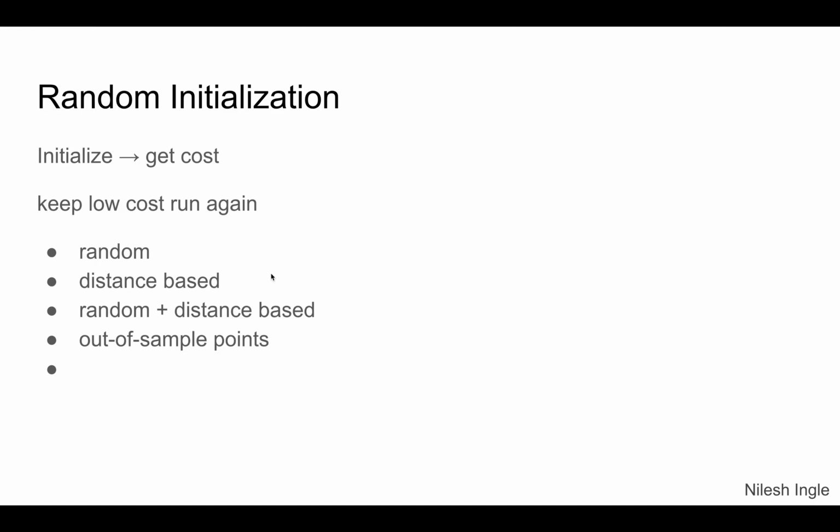So the general idea is to run initially maybe k-means to get a general idea on the cost associated with that type of initialization, and then find the values for seeds that give the lowest cost, and then use that in the next steps. And then these could be of different types: random, distance based, or both, or those could be out of sample points.